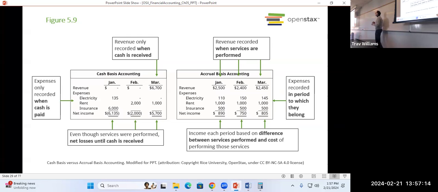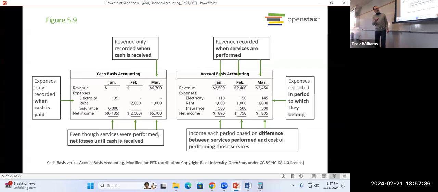And this helps illustrate why companies are not only likely to use accrual, but for the most part, they're usually required to use the accrual basis. The reason is it gives you a clearer view of your actual profits or losses. You see how here the net income is fairly stable month after month.